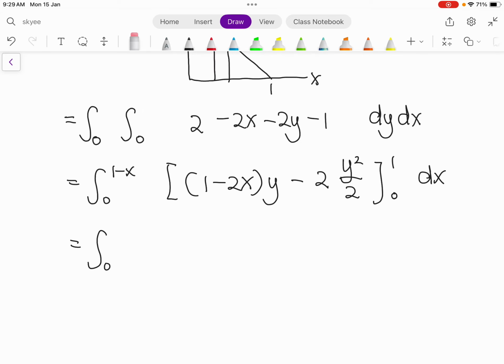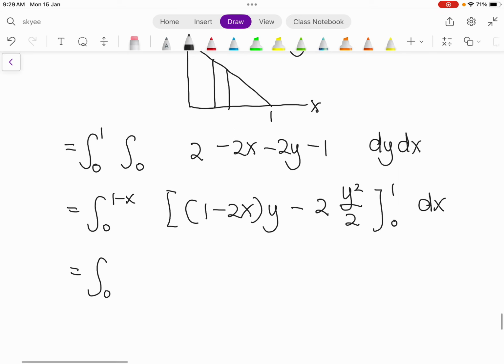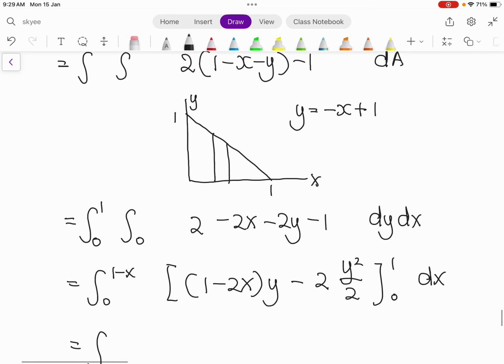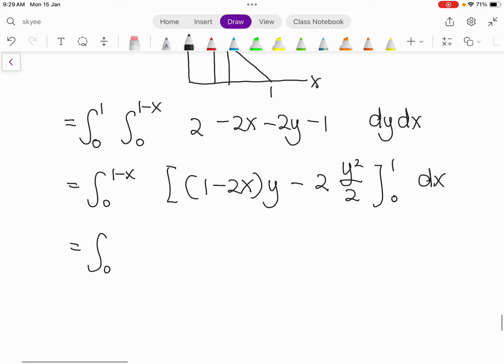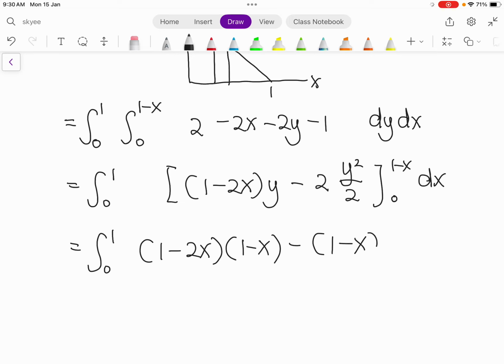The number should be put outside, am I right? The dx, 1 minus x. So it's 1 minus x here. So you have 1 minus 2x, and here you have 1 minus x, so minus 1 minus x squared, dx.